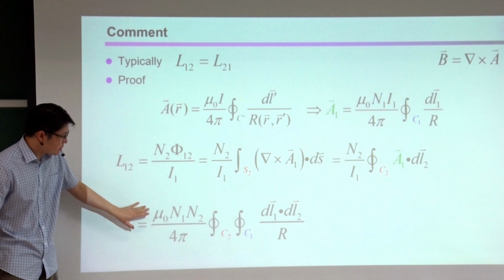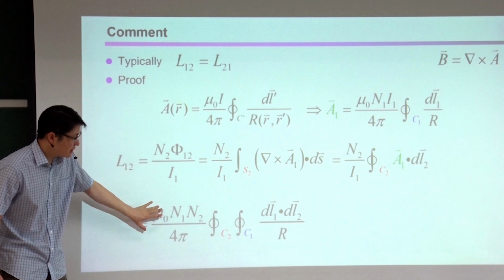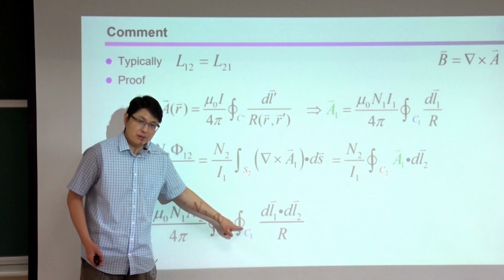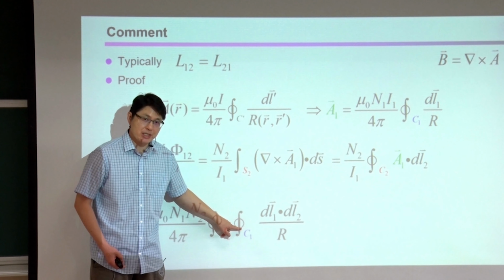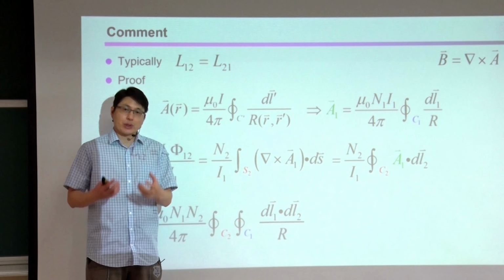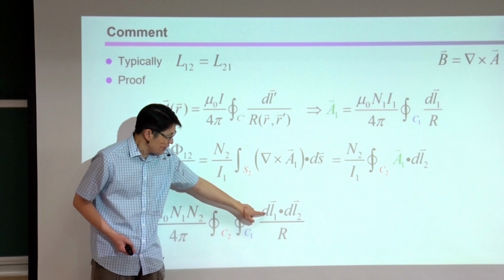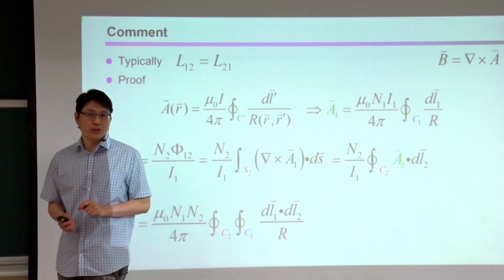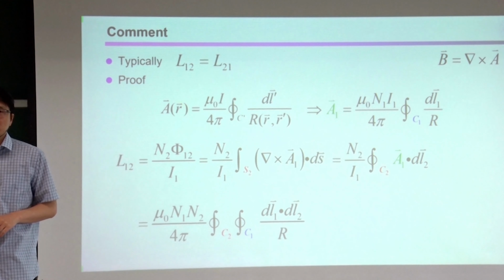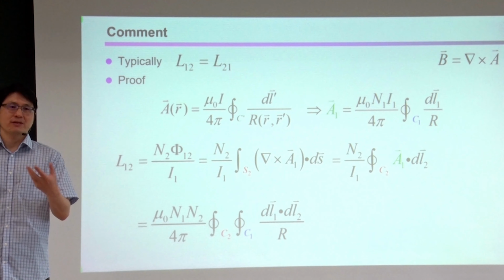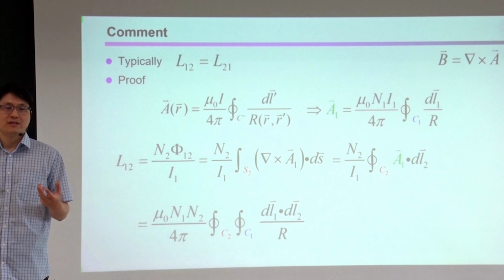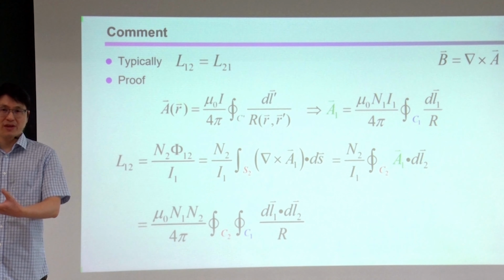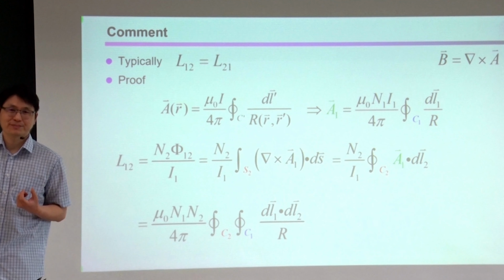So L12 is now effectively making a double closed loop integration. And what you're trying to integrate is actually your differential length 1 making a dot product with differential length number 2. So you're just trying to calculate the dot product of the 2 differential lengths over the 2 loops.